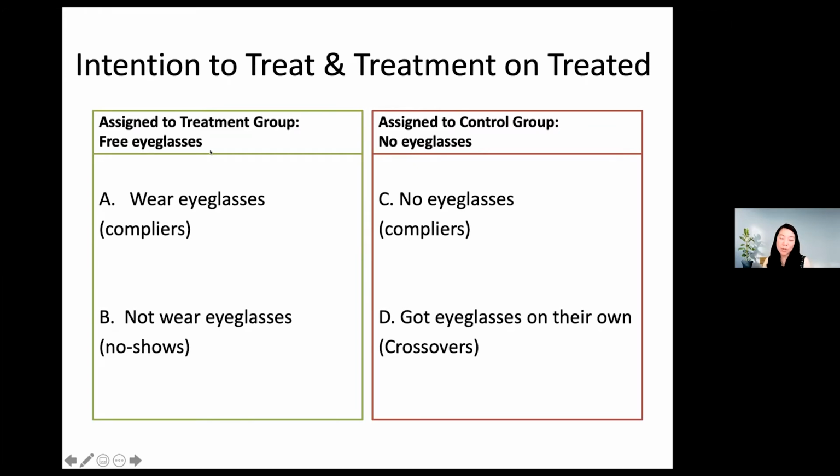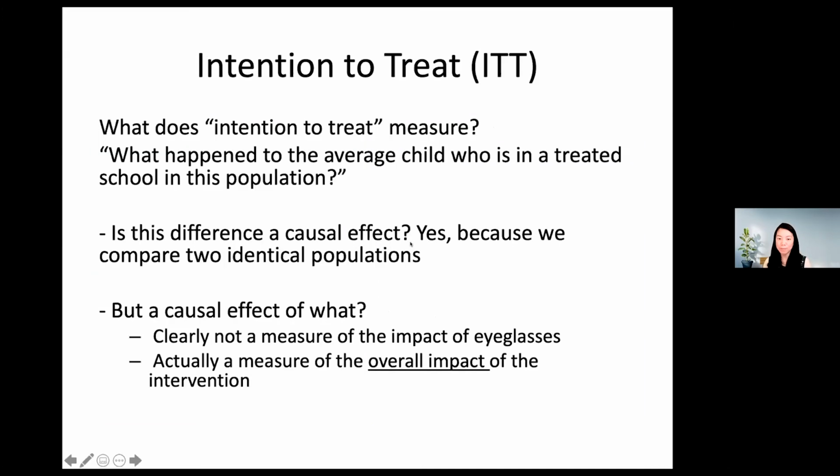In the treatment group, you have students supposed to wear glasses, but they're not wearing. And in the control group, you want to see students all not wearing glasses, but some students are getting eyeglasses on their own. So there is some imperfect compliance in our experiment.